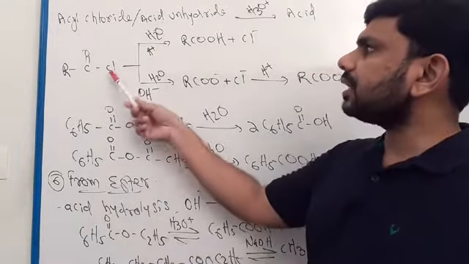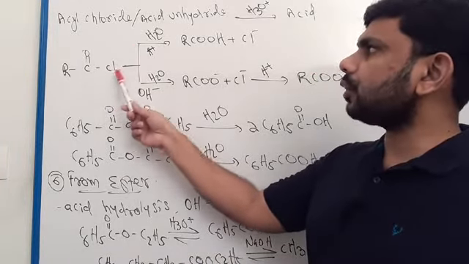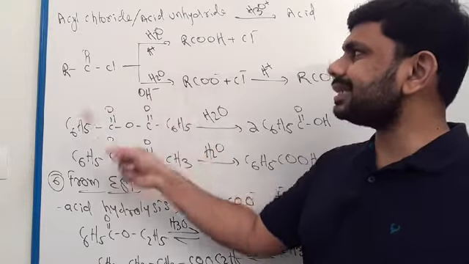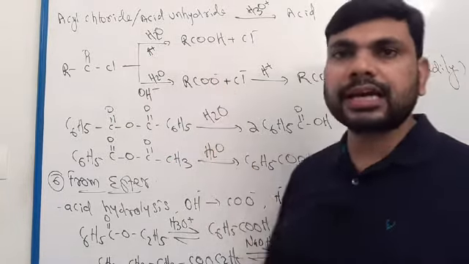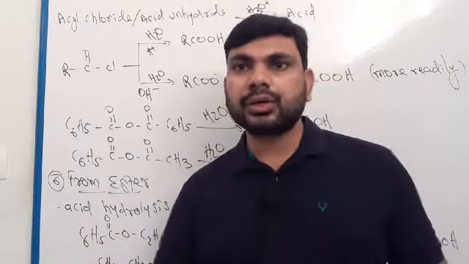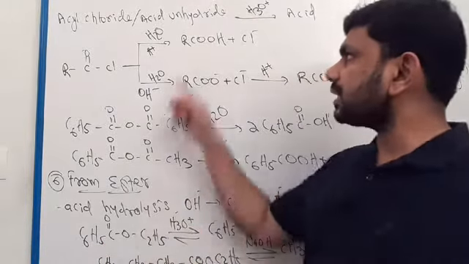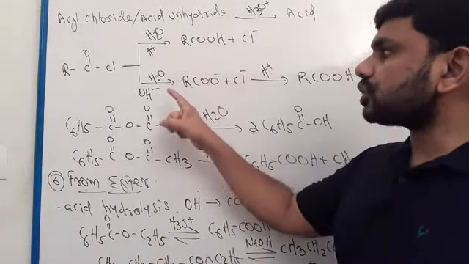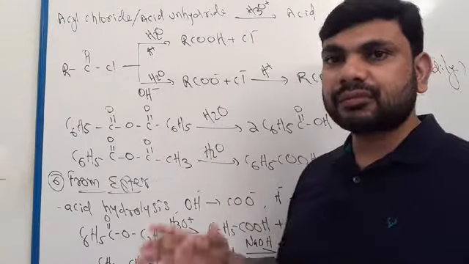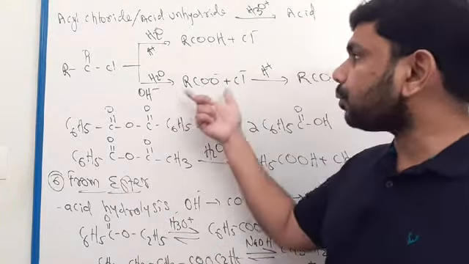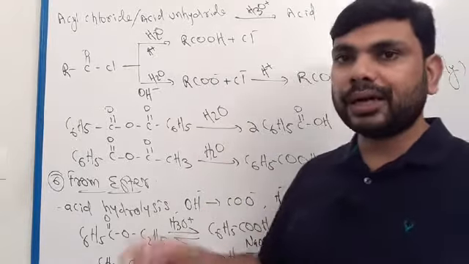Here acyl chloride, after acidic hydrolysis, produces carboxylic acid directly. But in alkaline hydrolysis, first they form the carboxylate ion, COO minus.